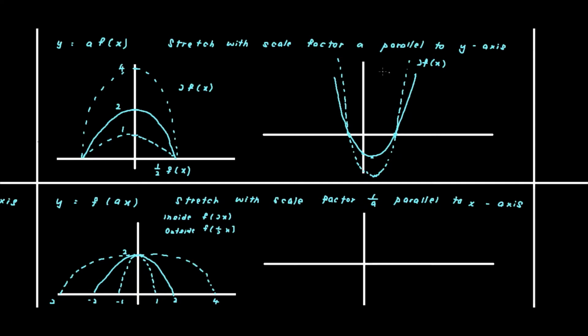Okay, so same thing. Let's try to use this example again. So this is the graph that you have. Can you imagine if you are stretching it, if we are trying to draw f(1/2 x), in a scale factor of 2 as well, how is that going to look like? So everything will get stretched, right?